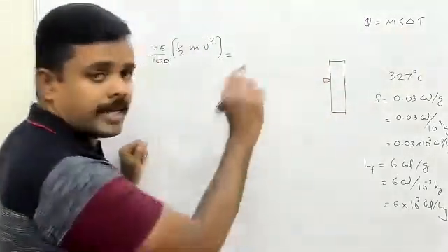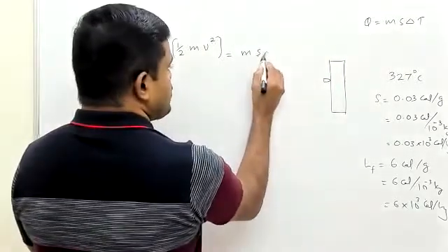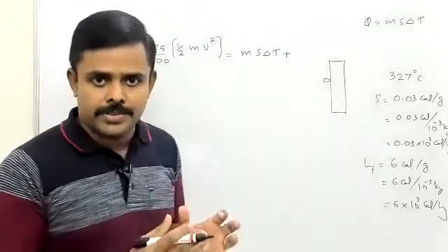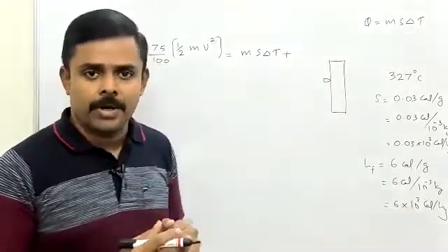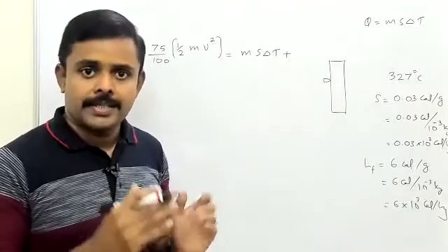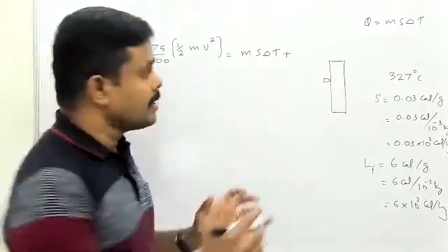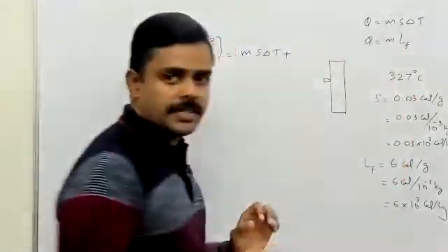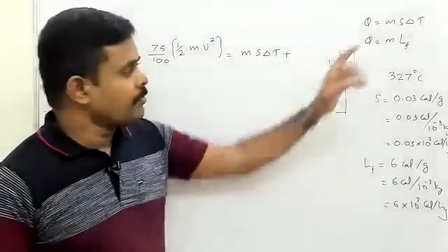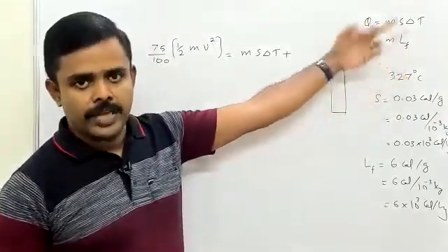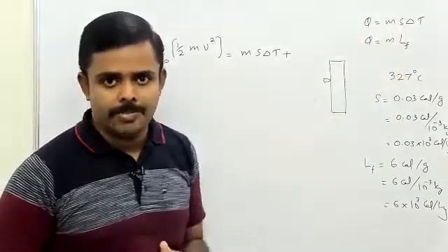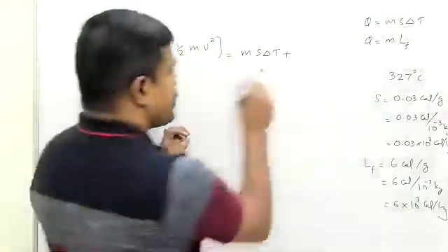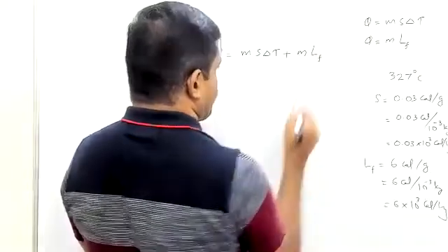Now the second part is the melting process. Once it has reached the melting point, it will start melting. And the heat required for melting is given by Q is equal to m L F, where L F is the latent heat of fusion. For 1 kilogram it is L F, so m kilogram would require m L F heat to melt. So I can put it as a second term here, m s delta T plus m L F.